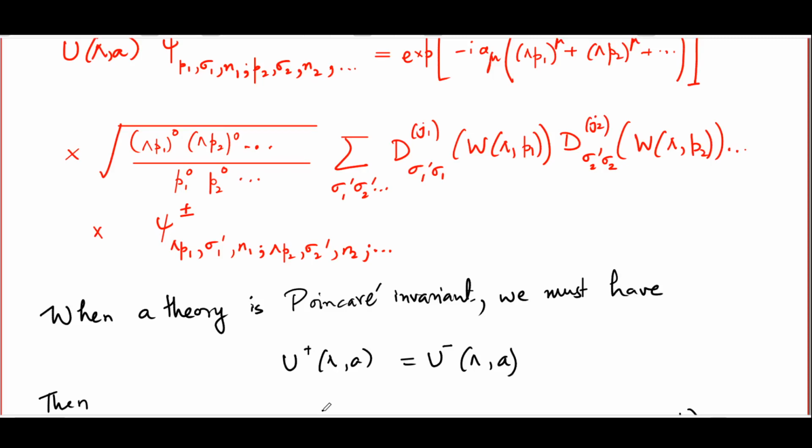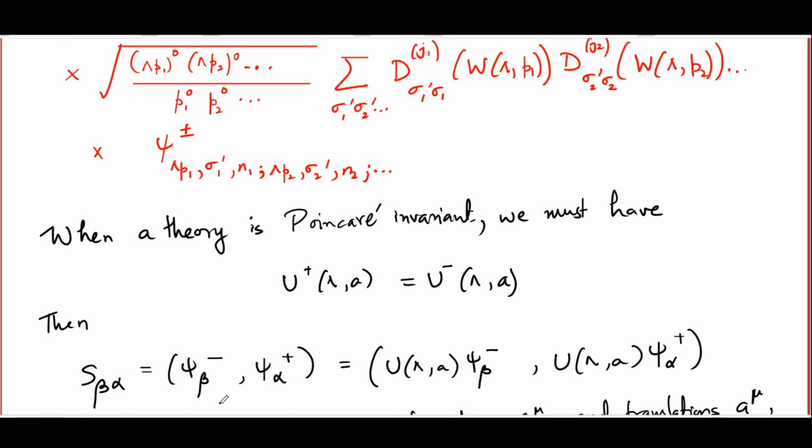By the way, there is another bunch of operators called U0 of (Λ, a), which would implement the same transformation on free particles, on the Φ's, which could very well be different from this set U of (Λ, a). If a theory is Poincare invariant, then the consequence it has on the S-matrix elements is actually rather far-reaching.